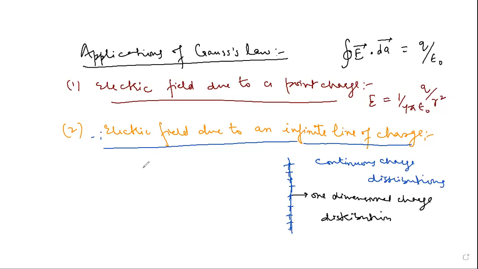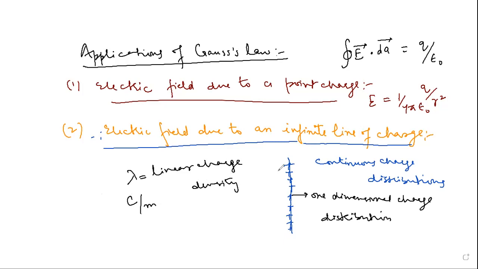Now, in one-dimensional charge distribution, we define a quantity lambda called linear charge density, or it's called charge per unit length. So its SI unit will be coulomb per meter, right?